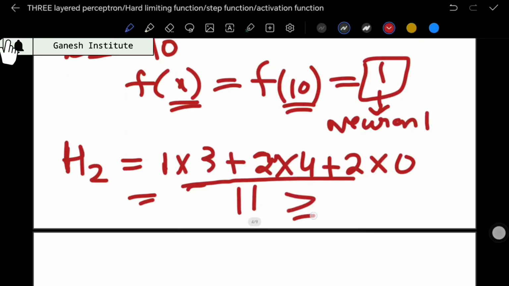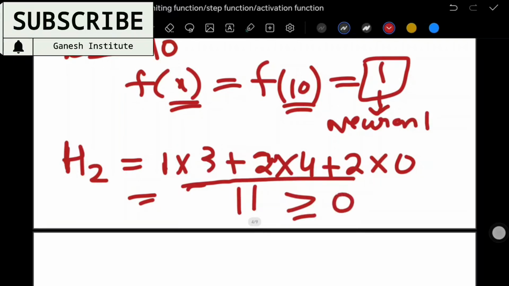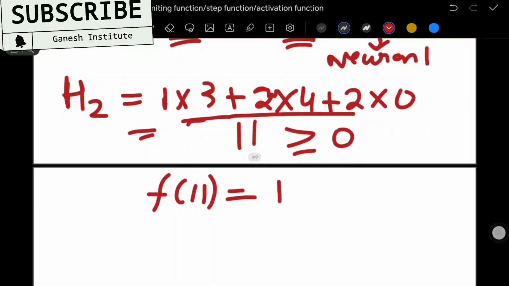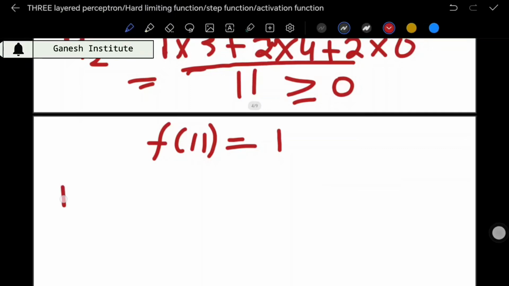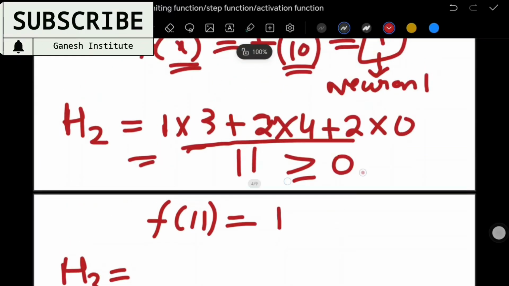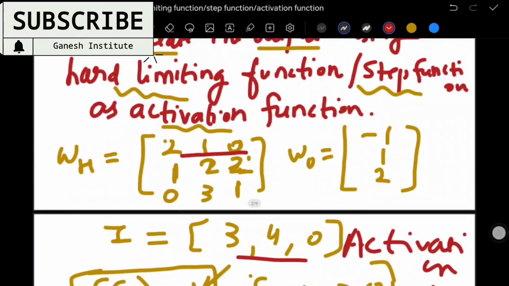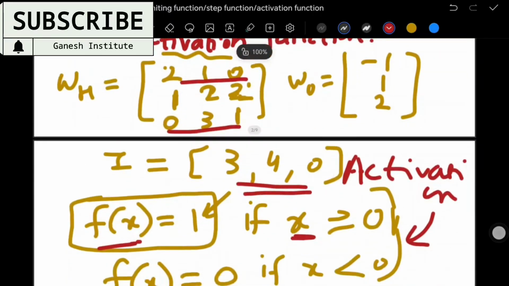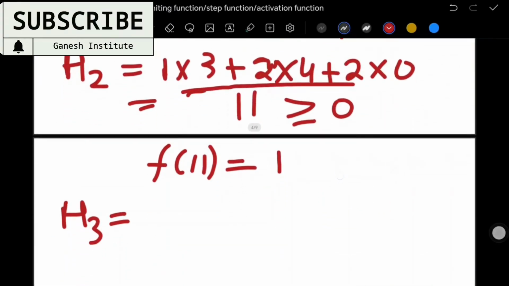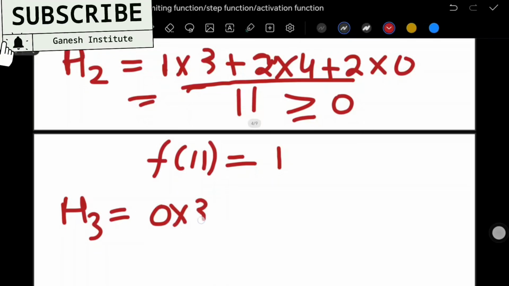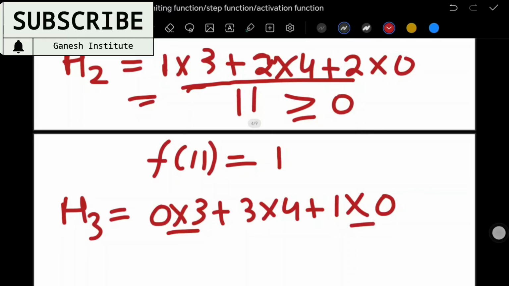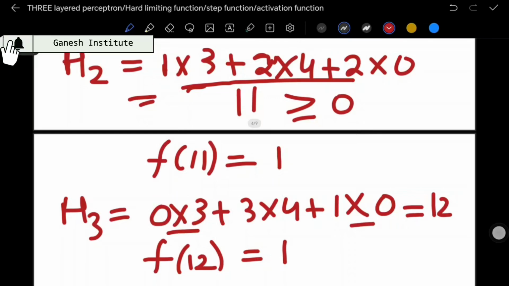Again it is greater than or equal to 0, so f(11) is again 1. Then for neuron 3, the third row is 0 3 1 and the input is 3 4 0. Multiplying, we get 0 times 3, 3 times 4, and 1 times 0. That is 0, 12, and 0, so 12. Again it is greater than or equal to 0, so the activation is 1.